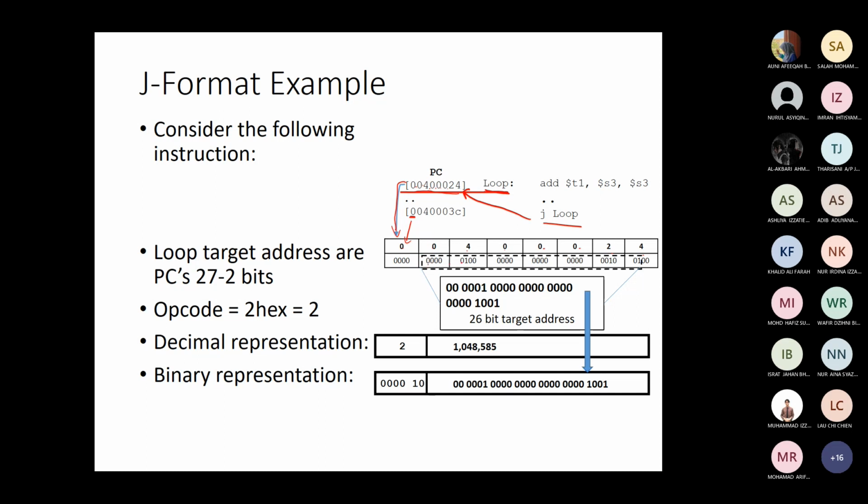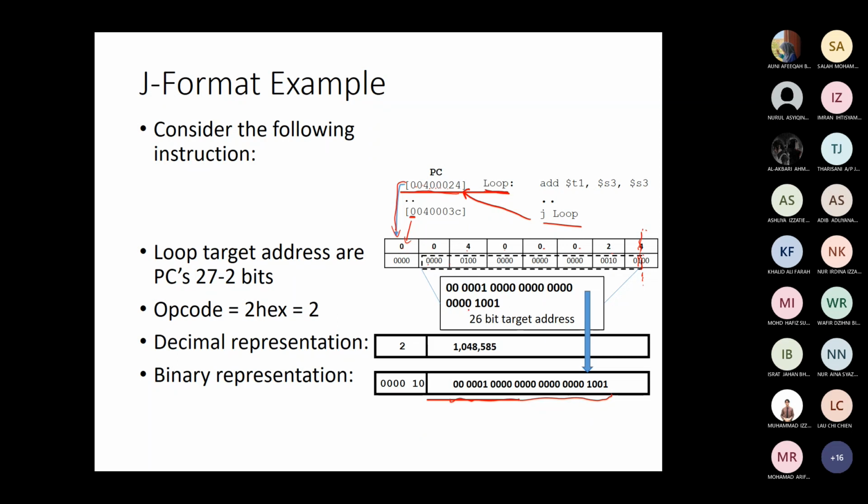So 000 0100 until this part, until 01. So your 26-bit target address will be loaded here. They will load the 26 bits here to become the target address.